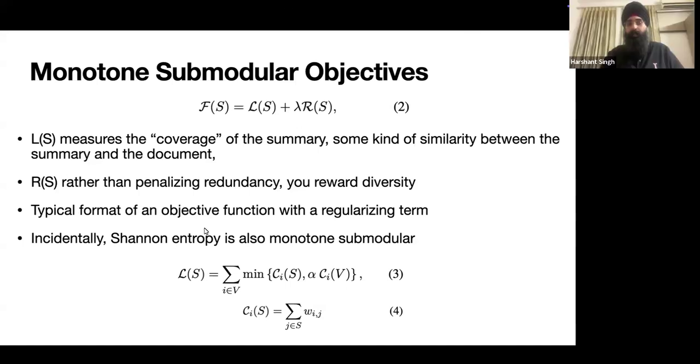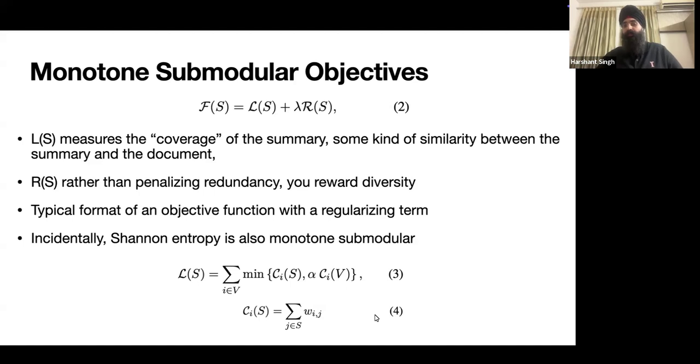So this is the typical format of an objective function with a regularizing term. As I mentioned, Shannon entropy is also monotone submodular. Now, how this L of S is actually implemented is through these functions, a sum over i, where V is the set of sentences in the document, and you have some cosine similarity, or something else.